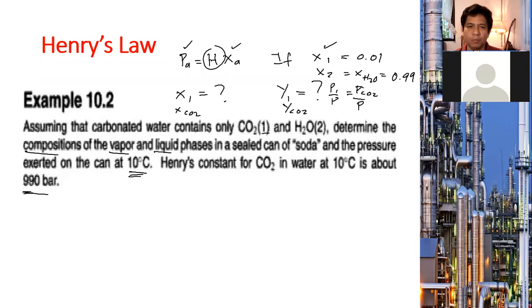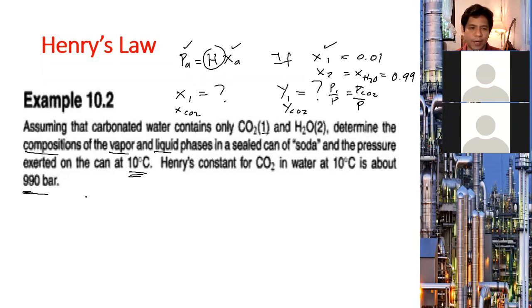Yung PCO2 naman, i-multiply niyo lang itong 990 dito sa 0.01. Nakukuha niyo na yung PCO2. Yung P na lang. Yung P naman, this is equal to P1 plus P2, and this is PCO2 plus PH2O. Tama? So we have this. Ito na lang yung solve natin.